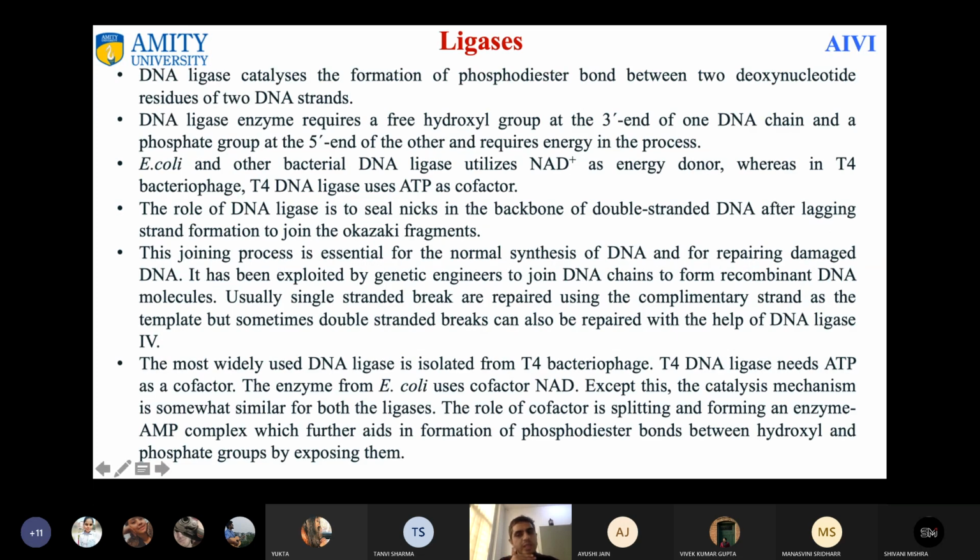So this is about the first enzyme, the restriction endonucleases, what their role is, and what their types are. Now we are moving to the next enzyme, and the name of that enzyme is ligase. As I mentioned in the example of the carpenter, the first thing is you make all the wooden parts.